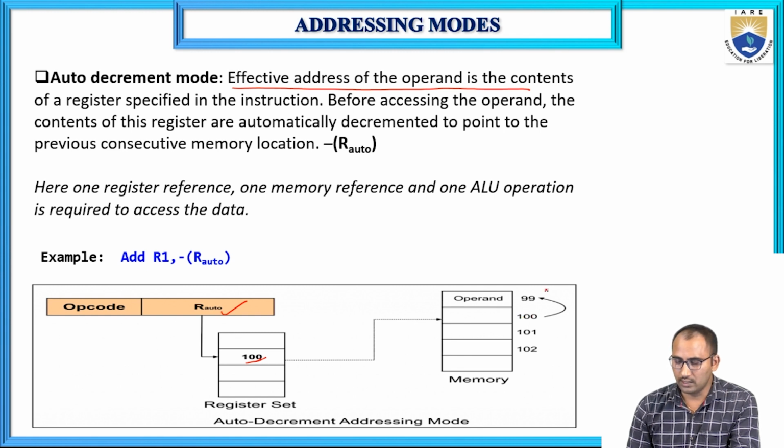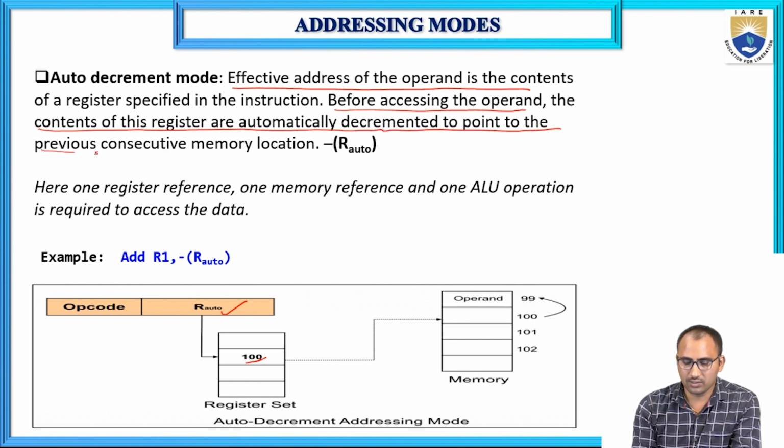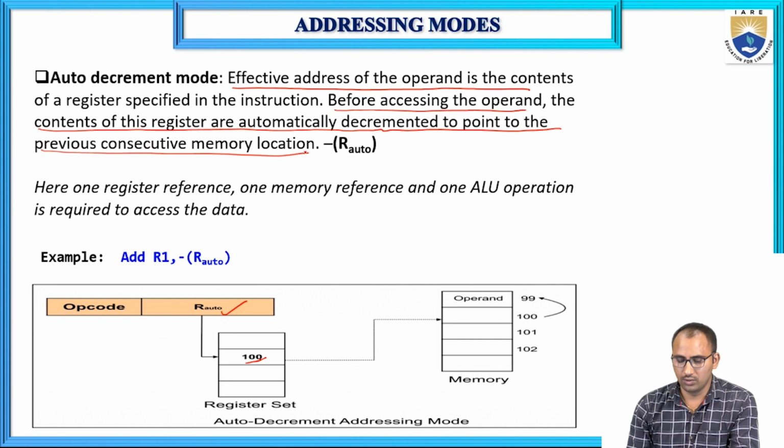Before accessing the operand, the content of this register is decremented to point to the previous consecutive memory location. Auto decrement is represented with a minus symbol before the register. That indicates auto decrement.